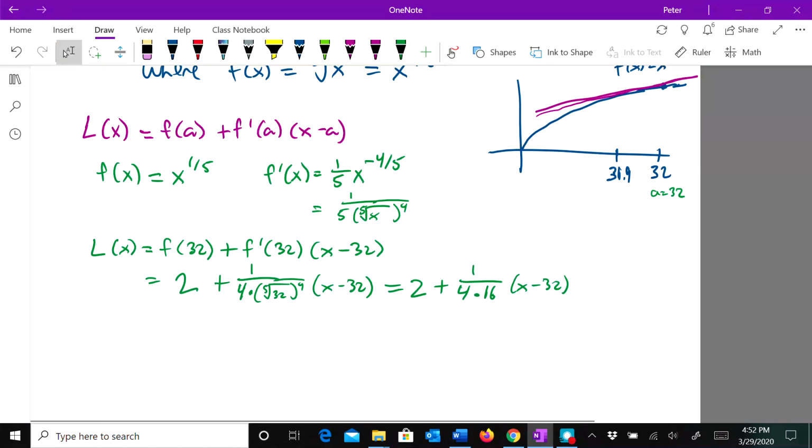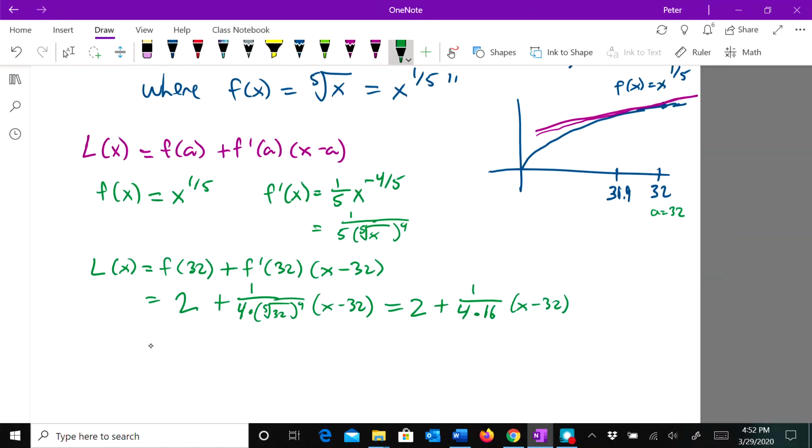So that gives us L of x equals 2 plus 1/80 times x minus 32.